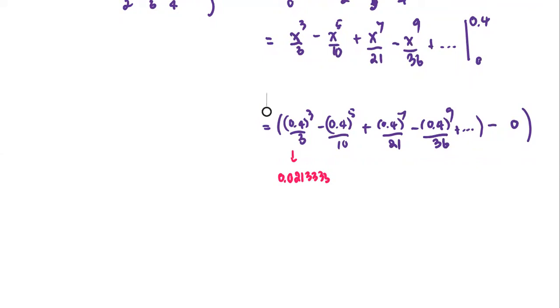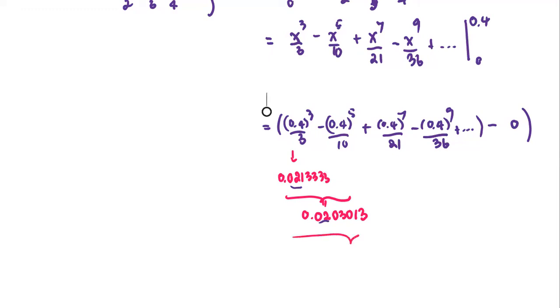Now we subtract this number by 0.4 to the fifth over 10. That means we get the estimate from the first 2 terms of the Taylor series expansion, and we get 0.0203013. So far, we have the first 2 digits the same, that means correct to 2 decimal places, but it's not enough.